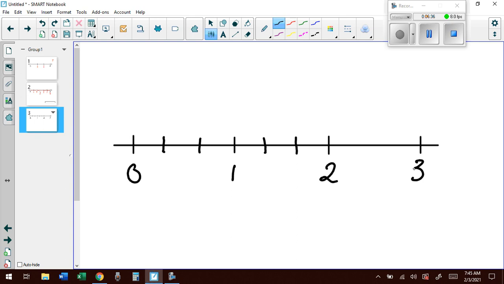And 2 to 3 is another whole, so it's broken up into thirds. We have 1 whole candy bar, 2 whole candy bars, and 3 whole candy bars. Each candy bar is broken up into thirds.